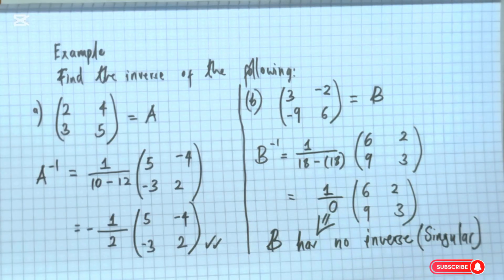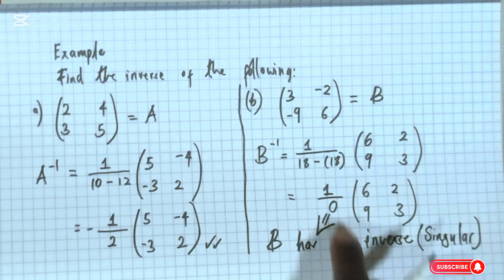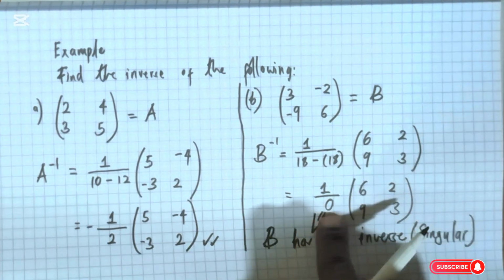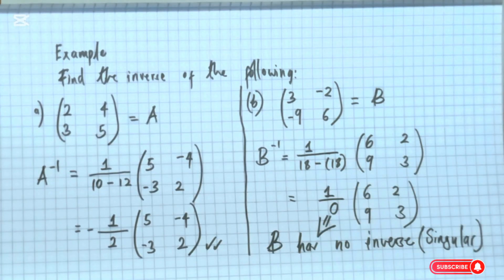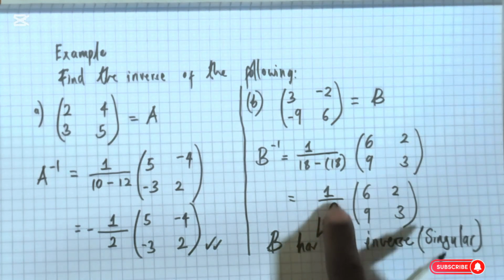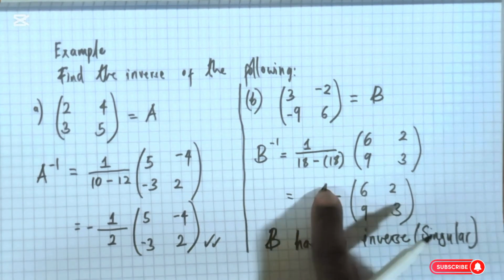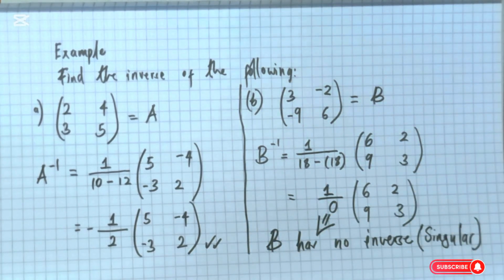Those are usually matrices whose determinants are equal to 0. Why? Because no number in the whole world can ever be divided by 0, and so we cannot find the inverse, as we are supposed to take 1 divided by 0, and mathematically that is not possible. So that is what a singular matrix is.